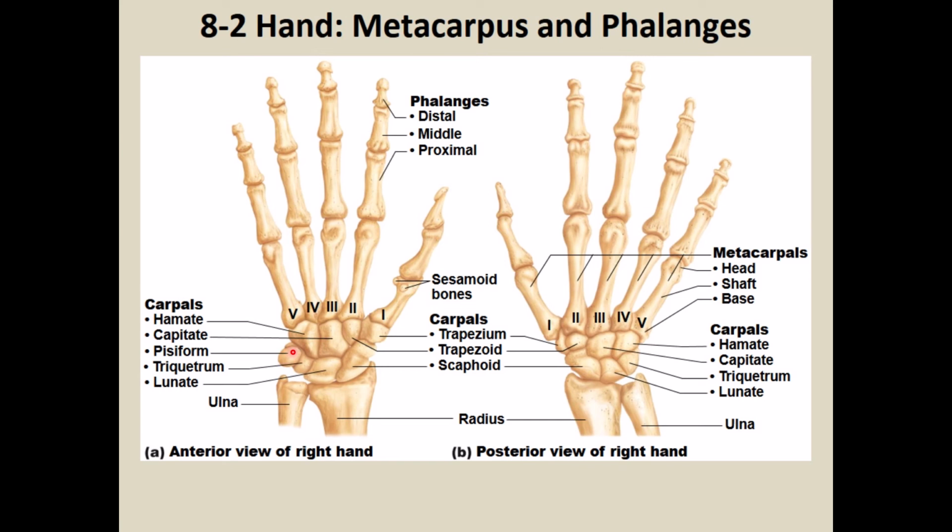Okay, so this pisiform is the one that you can view anteriorly, but you cannot view it posteriorly. You cannot see it here. So here again, scaphoid, this is lunate and triquetrum, but you cannot see the pisiform. So that will piss you off, I know.